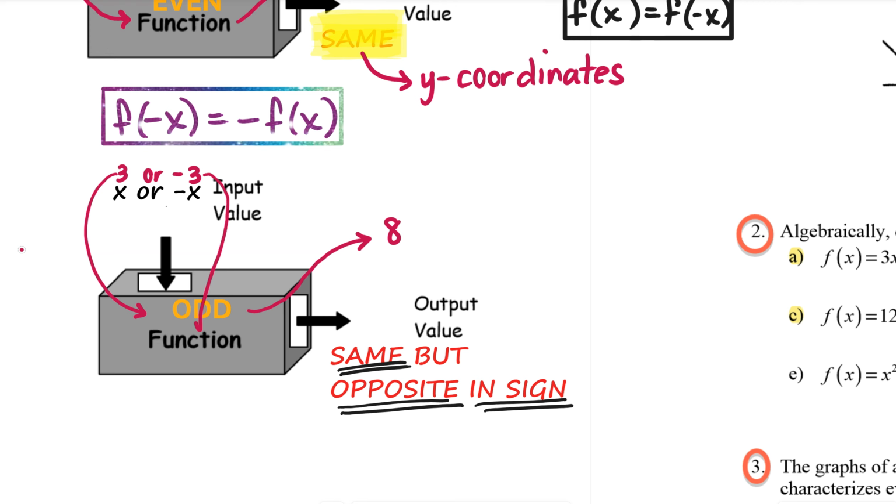And then you took the negative 3, substituted into the machine, and after simplifying, you will end up with a negative 8. So the numbers were not the same, but they were almost. The only difference is they were opposite in sign. When that happens, you have proven or verified that your function is an odd function. Think of O for opposite.